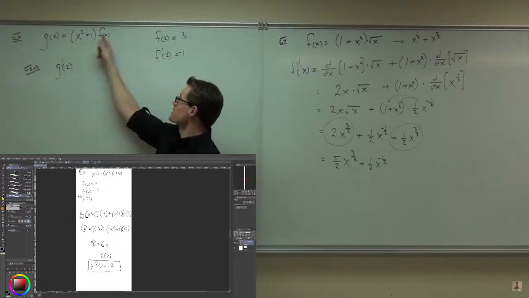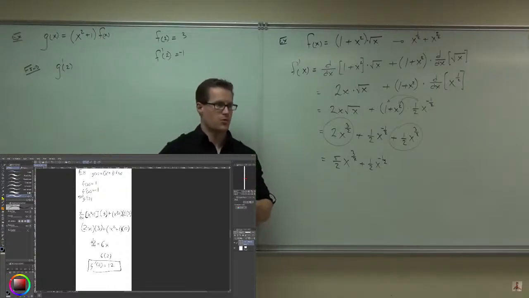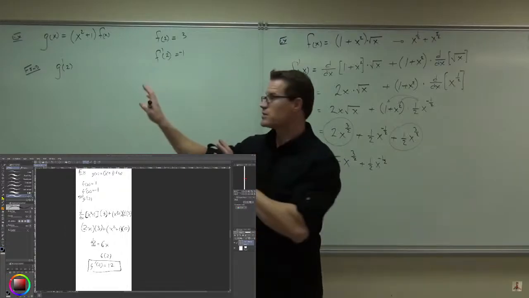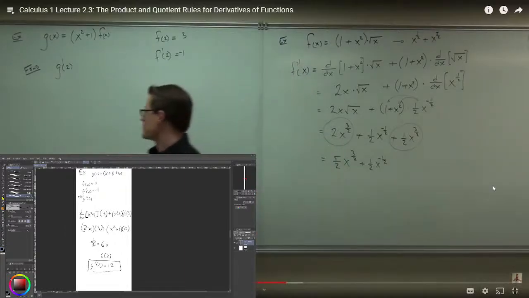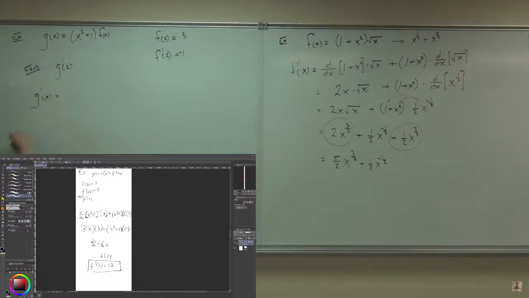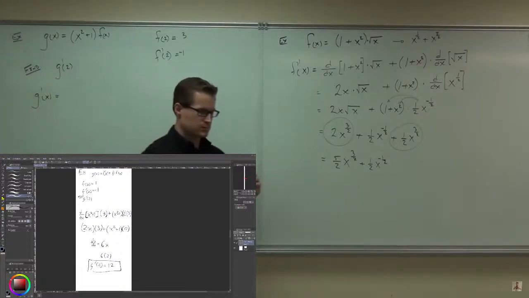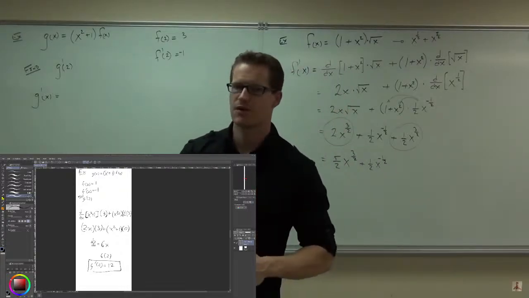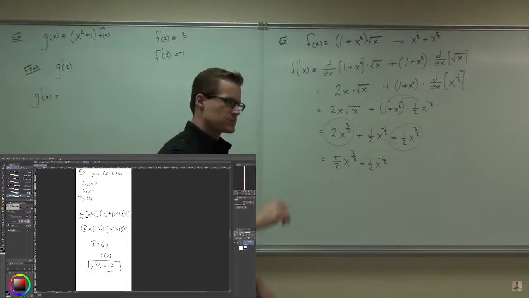This is another function of x, and they're being multiplied. That's definitely the product rule. So what I'd like you to do, just follow the product rule with this. Go ahead and do that now. I want you to find g prime of x. Derivative of the first times the second, plus the first times the derivative of the second. Just write it out.